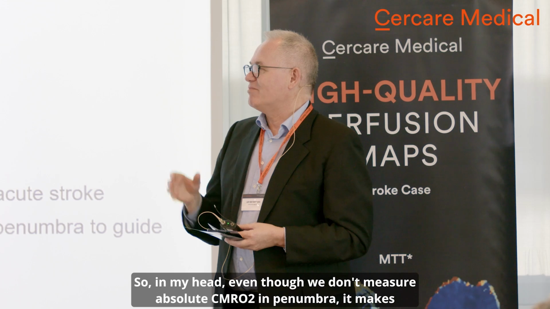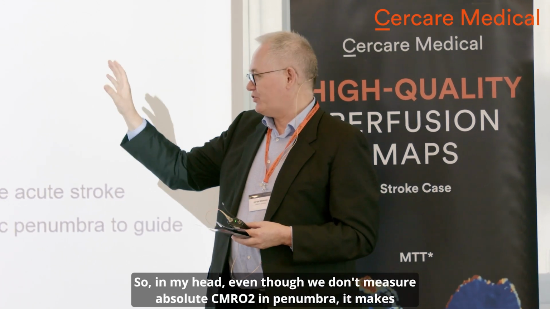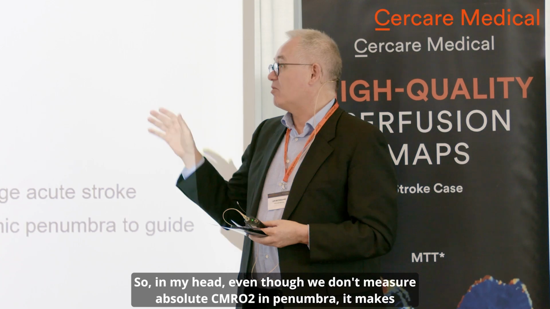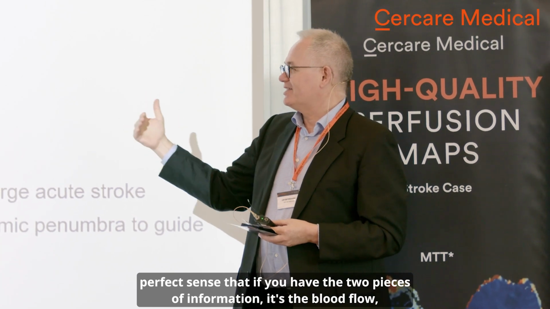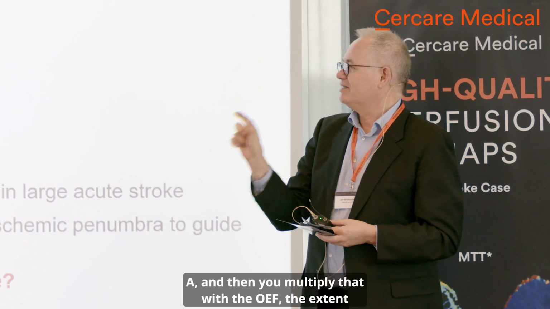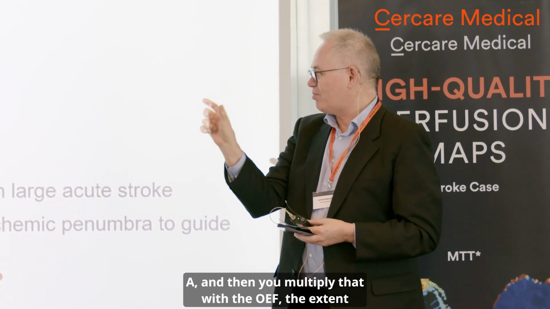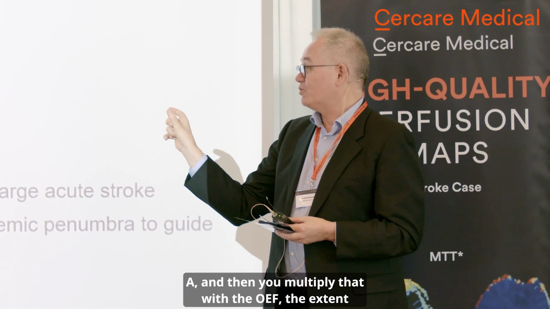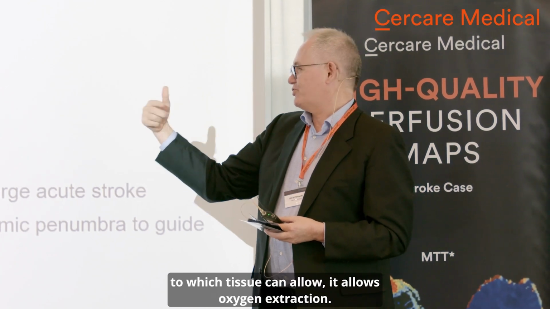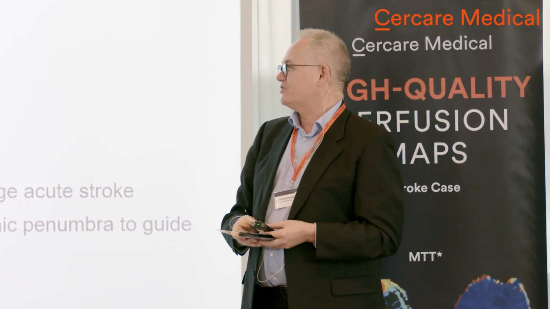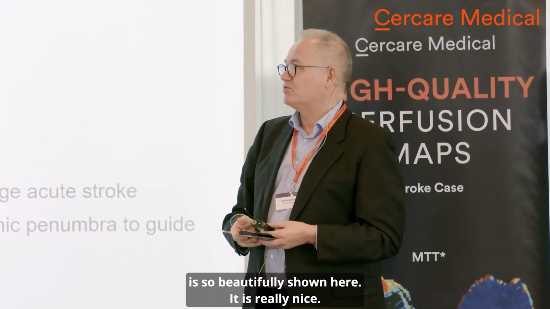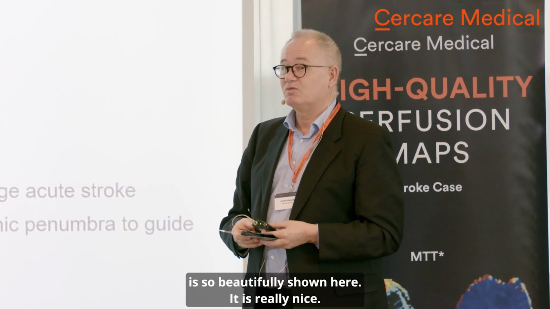So in my head, even though we don't measure absolute CMRO2 in the penumbra, it makes perfect sense that if you have the two pieces of information, the blood flow, and then you multiply that with the OEF, the extent to which tissue allows oxygen extraction, then you get all the information. But it is so beautifully shown here. It is really, really nice.